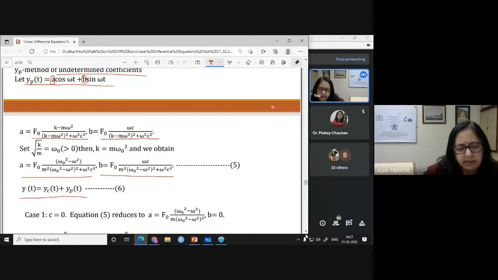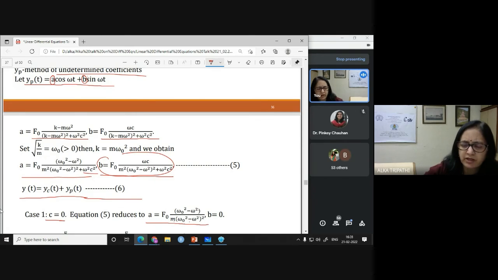Now in this case, suppose c is equal to 0, that is the undamped case. Then as you can see, b will be 0 and you will have this part also 0. So you will have a equal to f naught divided by m times omega naught square minus omega square.